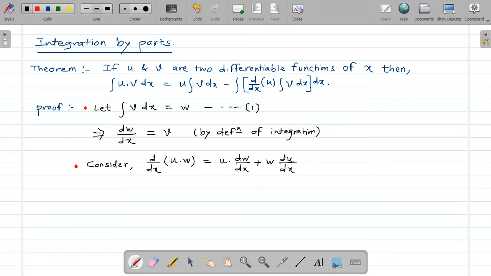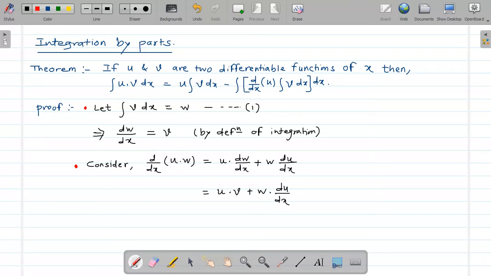Now after getting this, what can you replace here? Keep u as it is. Now dw by dx is nothing but v, plus keep w as it is. Do not put w directly as the integration of v dx. Just first write down w as it is into du by dx as it is.